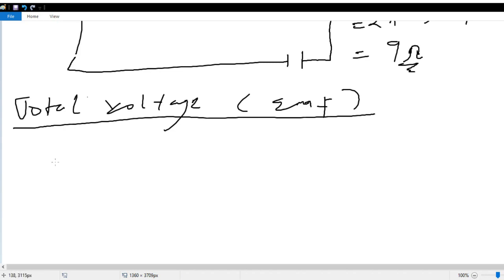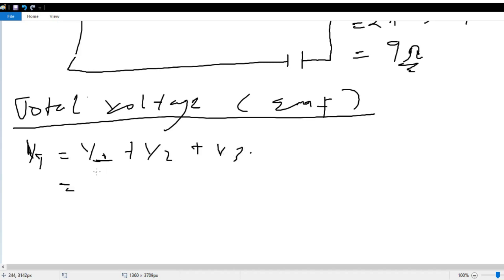So we can say our total voltage, you need to add voltage 1 plus voltage 2 plus voltage 3.